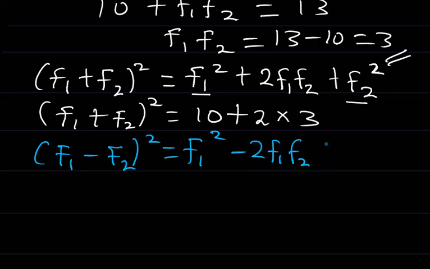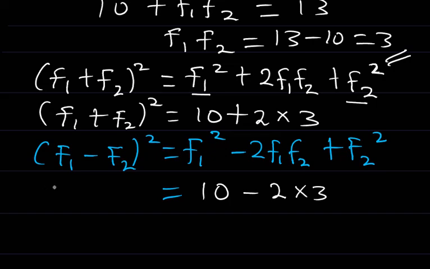Then of course, plus F2 square. So with what we have, we know already F1 square plus F2 square is 10. Then minus 2 times F1 F2, which of course is 3, 2 times 3.